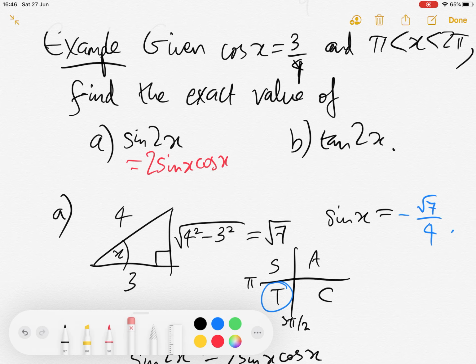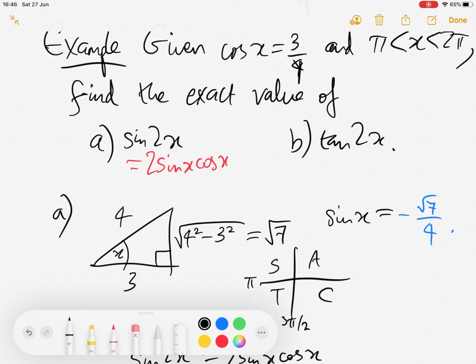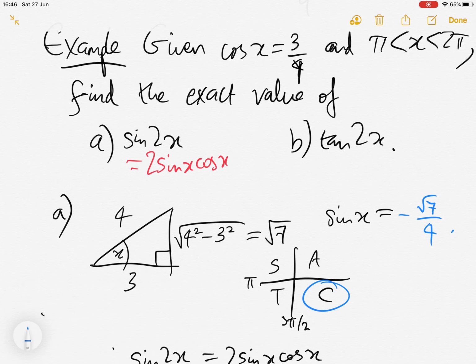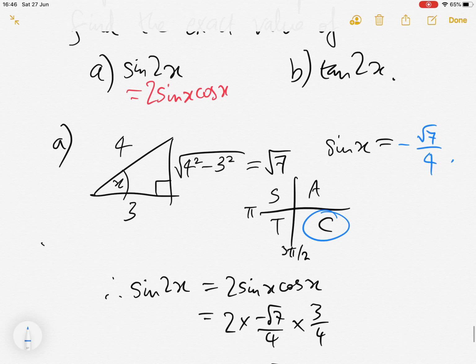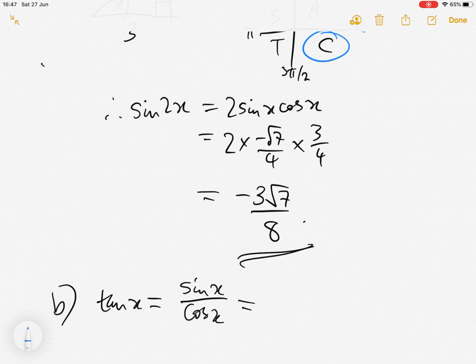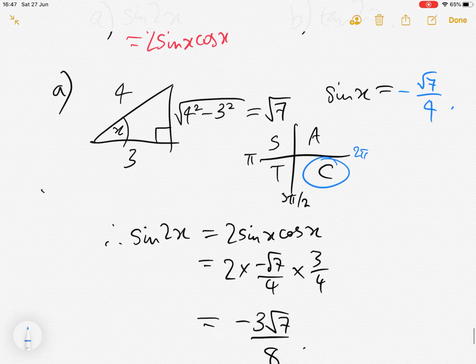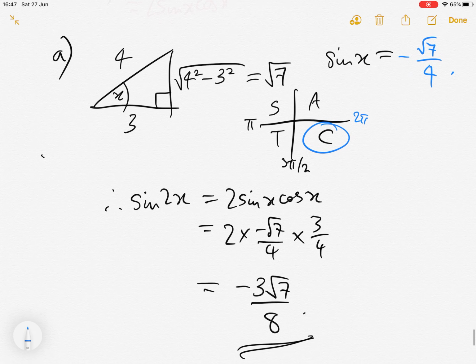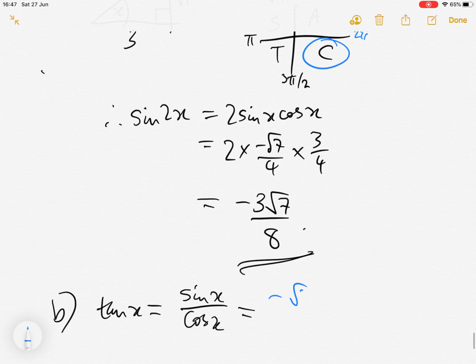So I'm sorry, in fact we're in the C quadrant. x is between pi and 2 pi. So sine is still negative between pi and 2 pi. 2 pi is over here. So we're in C, so tan is negative. So tan x is sine over cos, which is minus root 7 over 3.